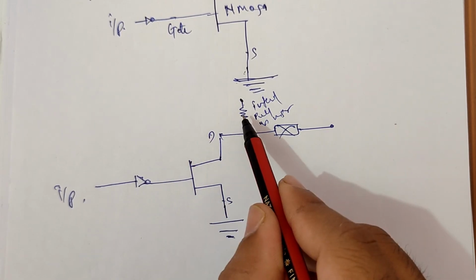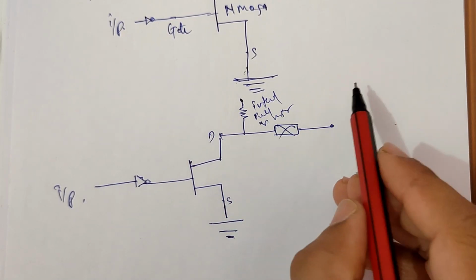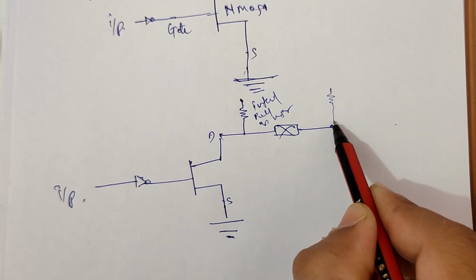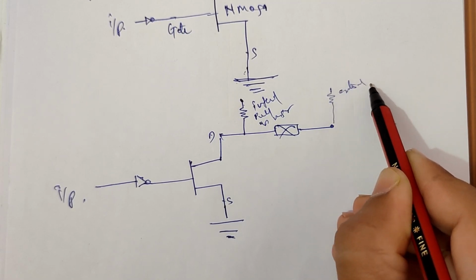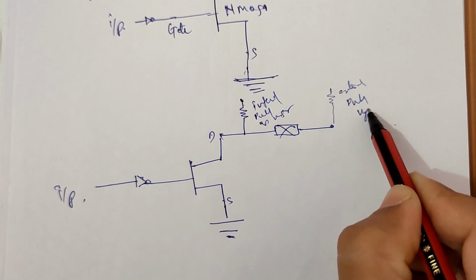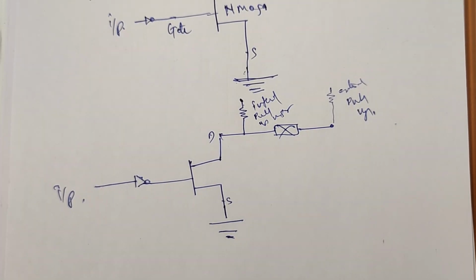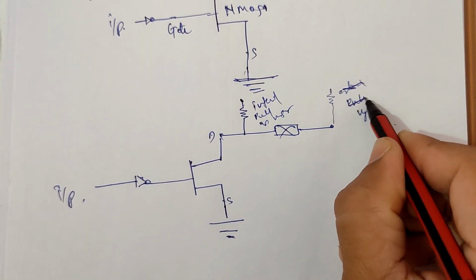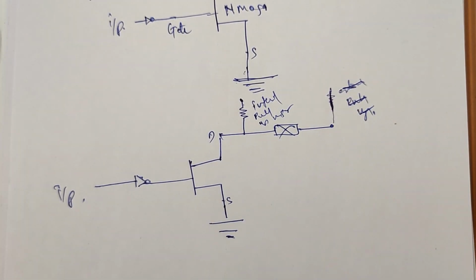We have to just enable it. Okay, if I connect the resistor after the pin, externally, it is called an external pull-up. So I am considering only the internal pull-up now.